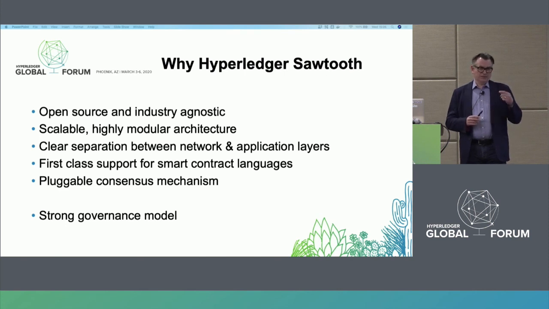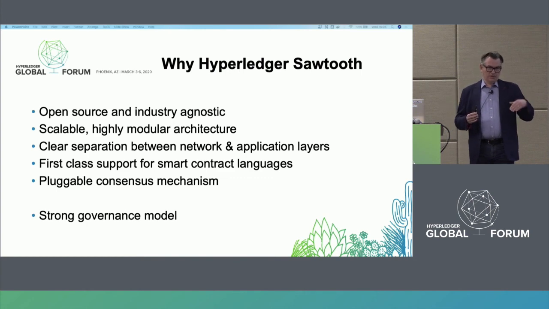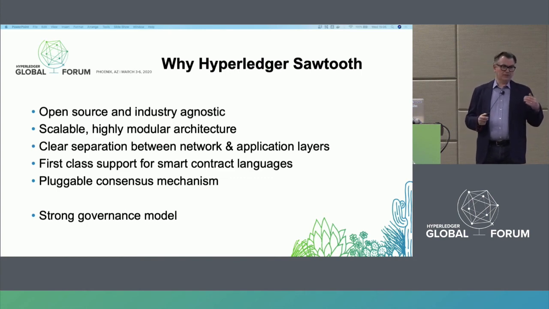But my point is that you can start with dev mode, which is single machine, single node, not a DLT in sight, through to Raft, which is pretty good if you're local area, through to something like PBFT if you're wide area, but the number of nodes that you're looking at is in the 20s or 30s, but not bigger. Or you can go to PoET, proof of elapsed time, which comes in two flavors, one with a hardware implementation through SGX and the other a software implementation that actually lets you roll out hundreds, if not thousands of nodes.